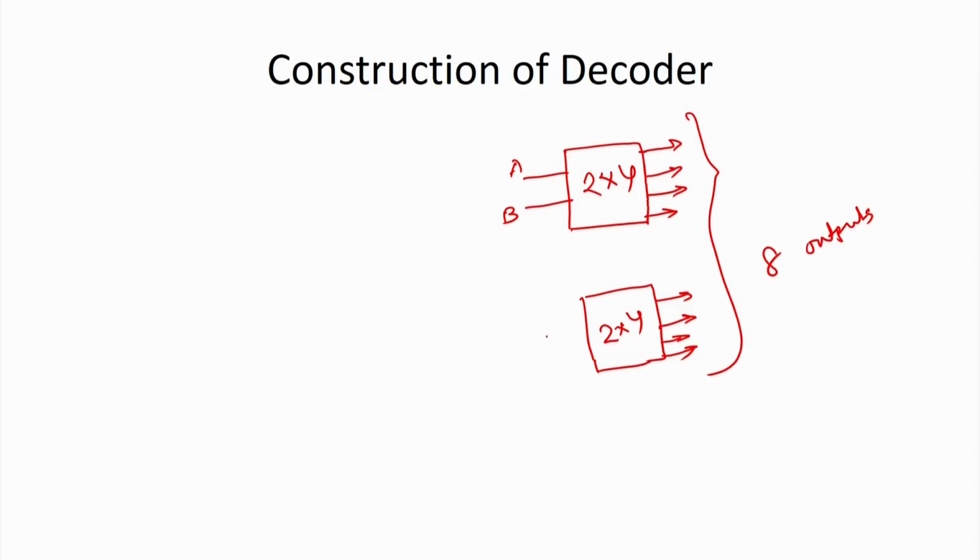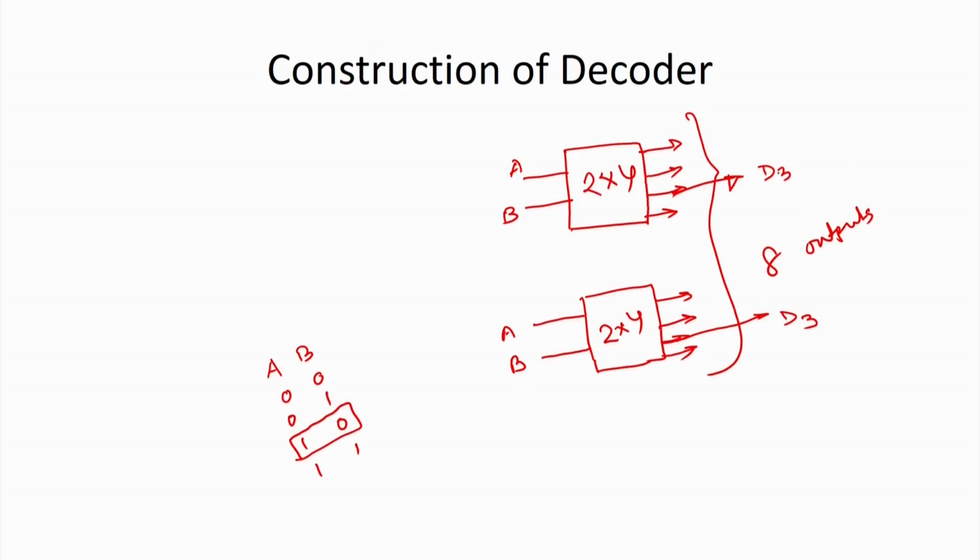Here, in both cases, I give the same inputs A and B. A and B have 4 combinations: 00, 01, 10 and 11. When I give, say, 1 and 0, then D3 of this decoder and D3 of the other decoder will both be selected, because this is the combination.